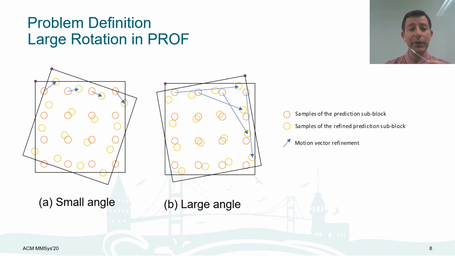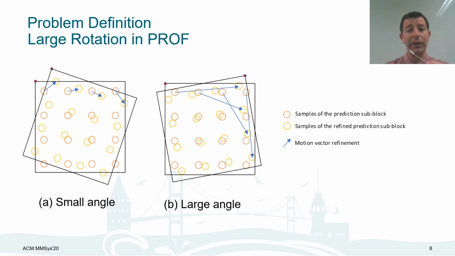Then the problem with PROF is that, on the left side you see the normal operation of PROF when there is a small rotation. But when there is big rotation, PROF tries to refine the sample values as shown in this figure B. In this case, you see that these refinement vectors, these blue vectors, are very big.